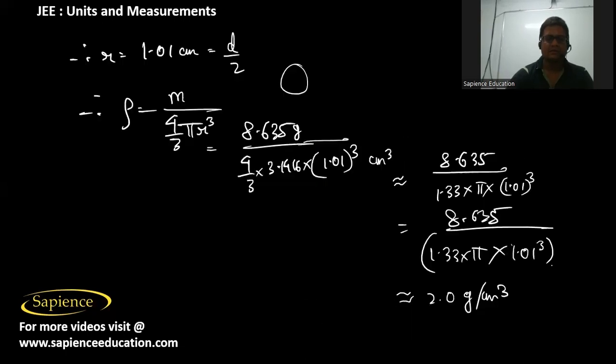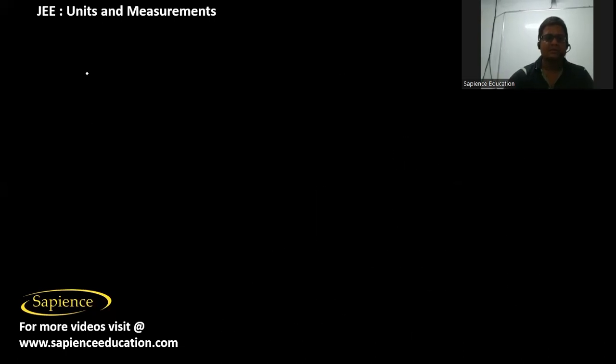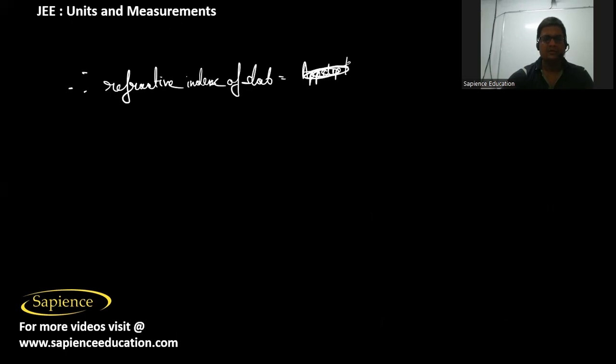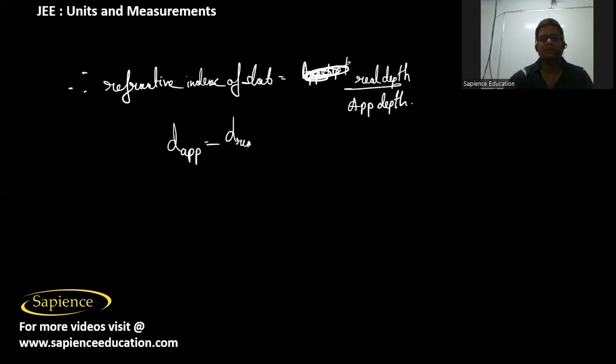Now the refractive index of the glass slab will be equal to the real depth divided by the apparent depth, since the apparent depth is equal to the real depth by the refractive index mu.